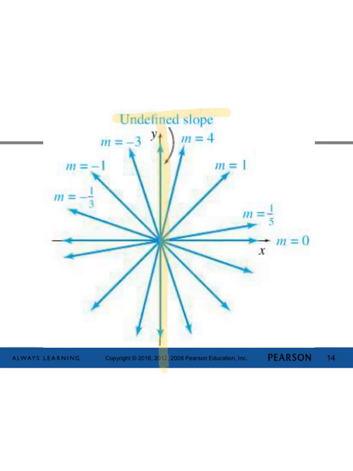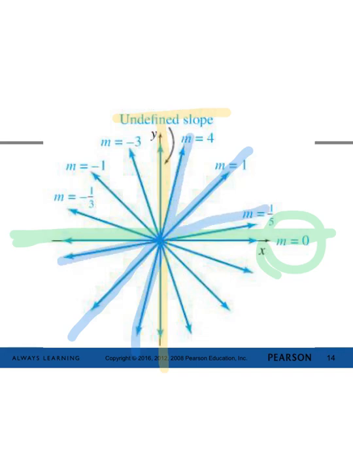Undefined slope. Your horizontal line, which is like your x-axis, has a slope of 0. Everything else is somewhere in between. Slopes that go from bottom left toward top right, like those 3 lines, all have positive slope.